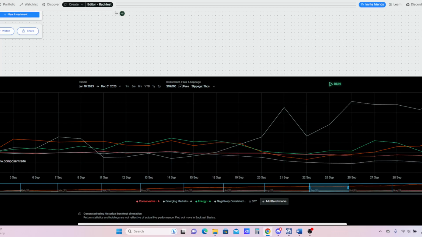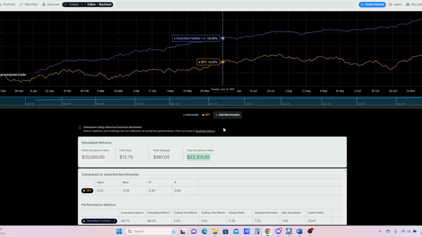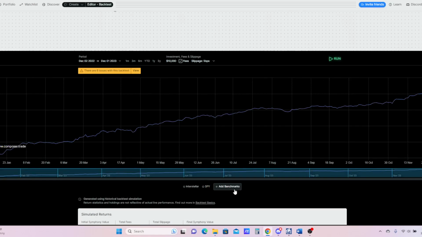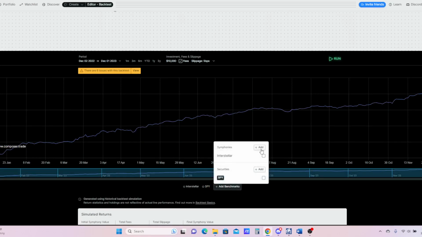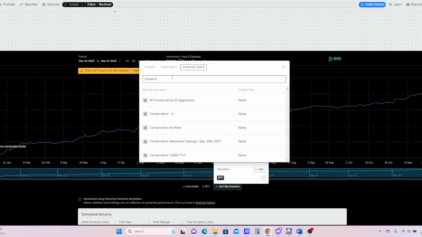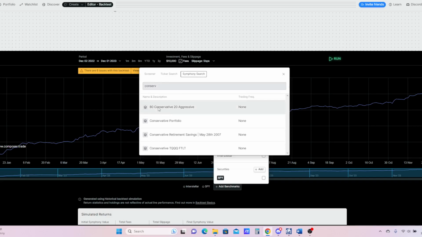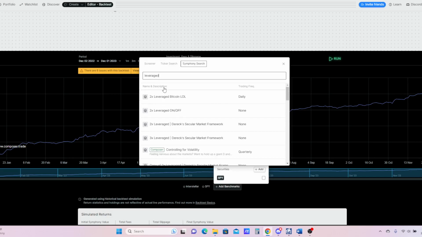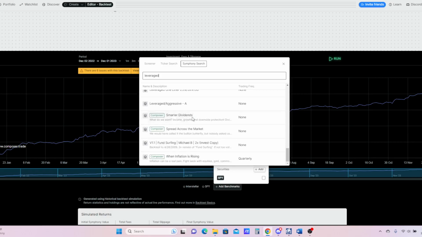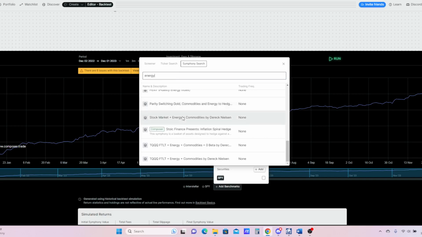Oh, you know what? Actually, this might even be better. Let's use the overall versus all of the benchmarks. That'll give you a clearer view. Conservative, leveraged, energy.